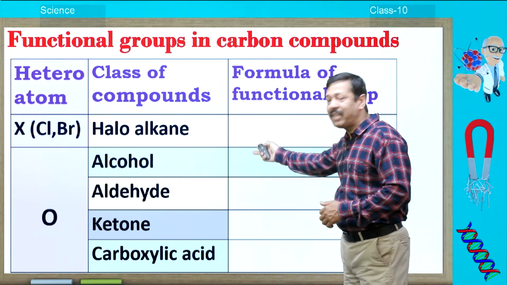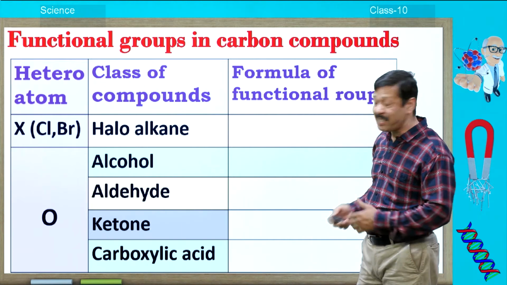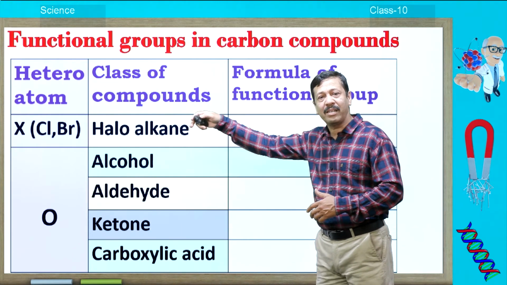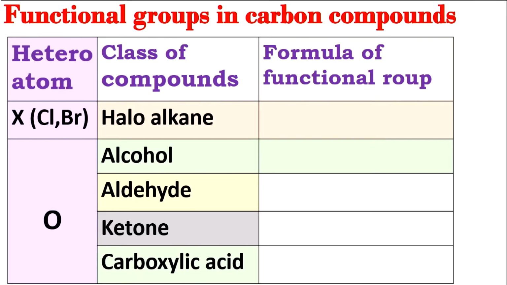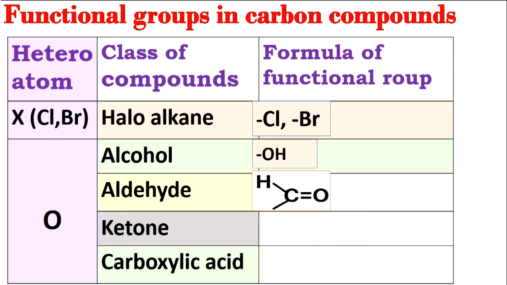Here heteroatoms are given, the first one is halogen, chlorine and bromine, second one is oxygen. The class of compound when chlorine bromine is there, you call that one as haloalkane. What is the example? Chlorine bromine. In alcohol, OH group is replacing the hydrogen. Aldehyde, CHO group is replacing.